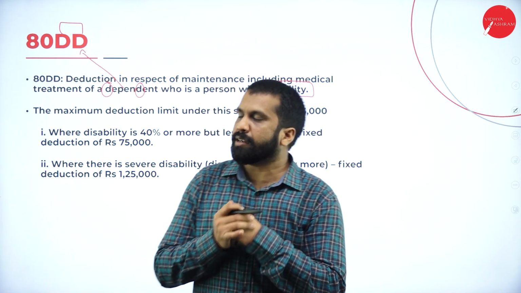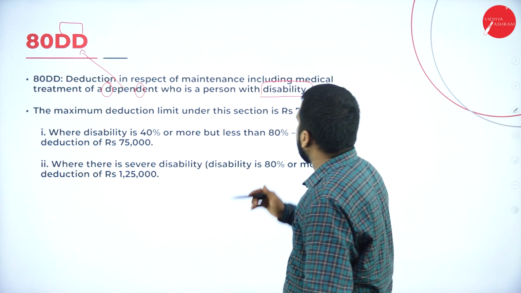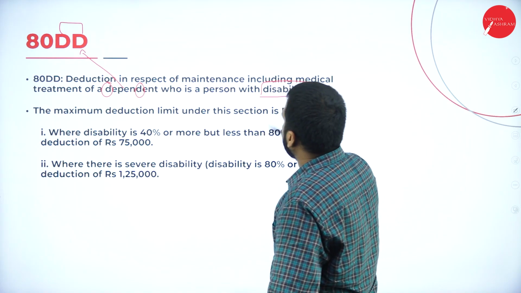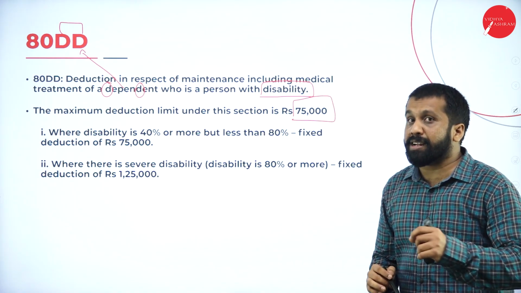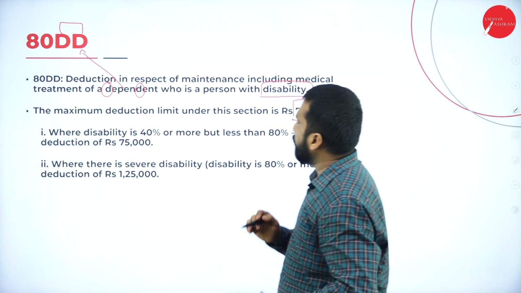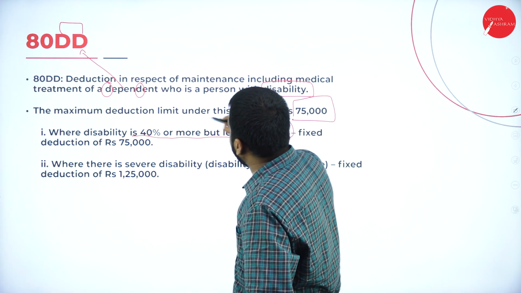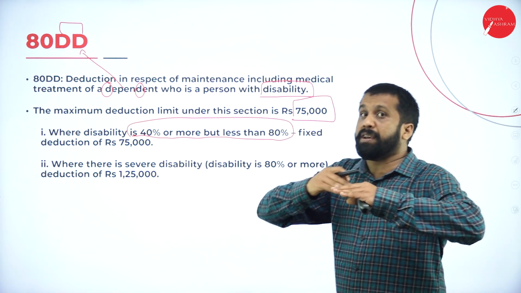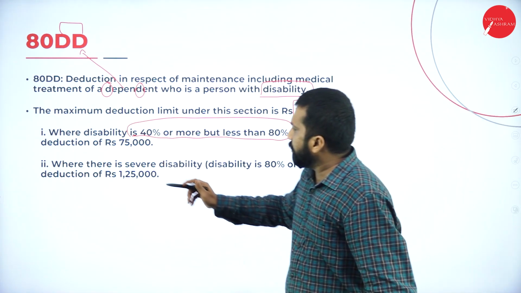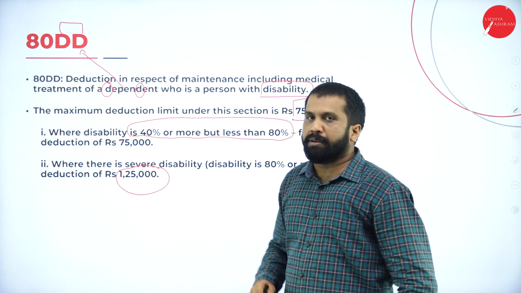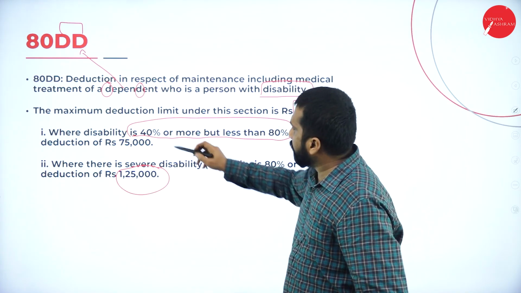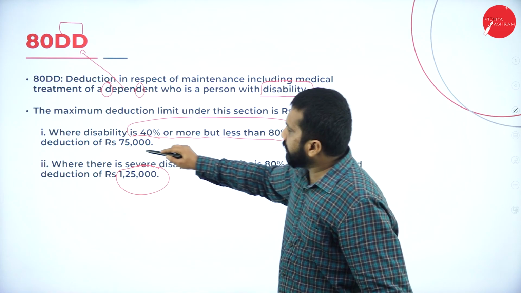What is the limit? Remember, the limit is 75,000 if disability is 40% or more, but less than 80%. If it is a major disability, then 1,25,000.